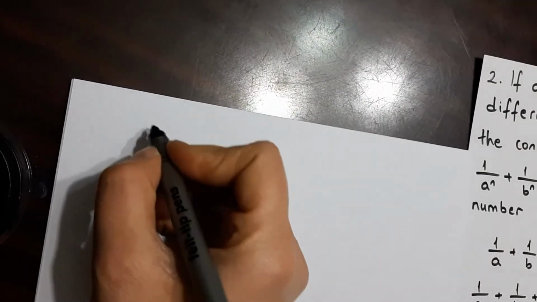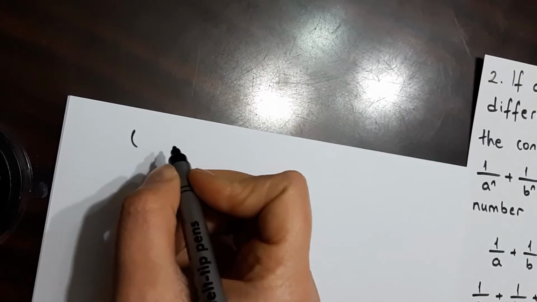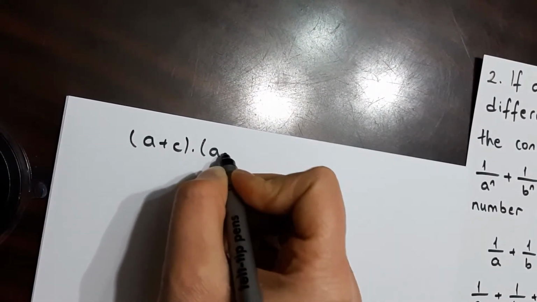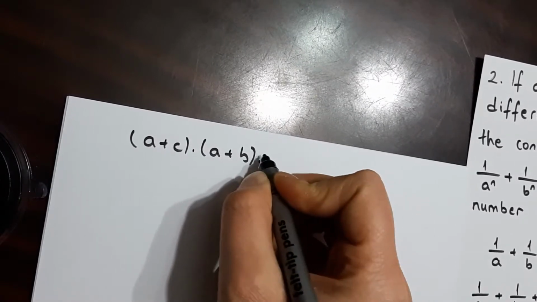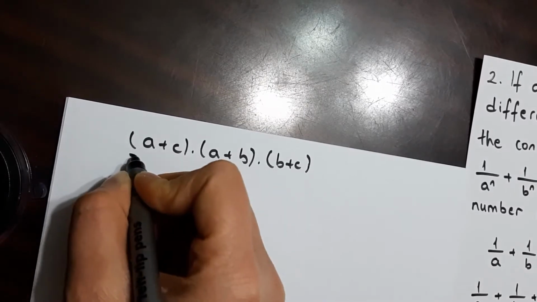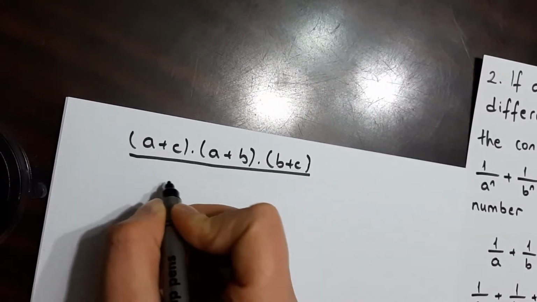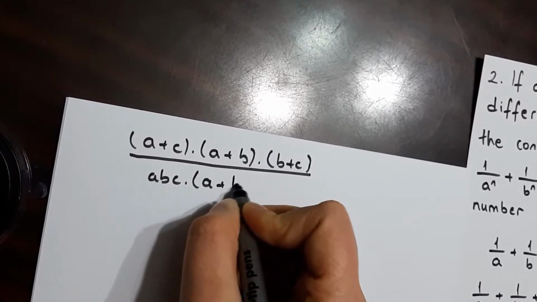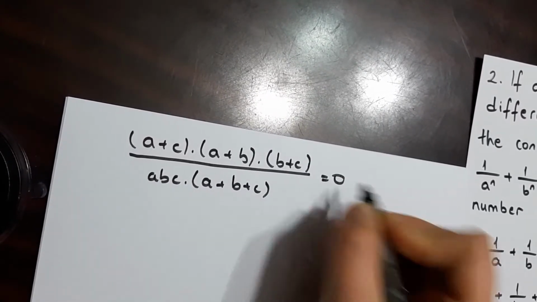Now let's write in the question. It will become a plus c times a plus b times b plus c over abc times a plus b plus c is equal to 0.